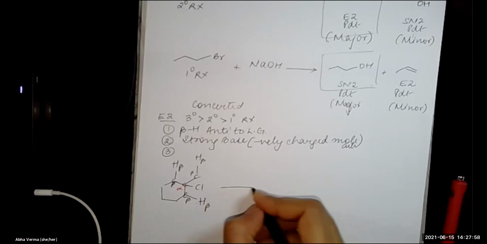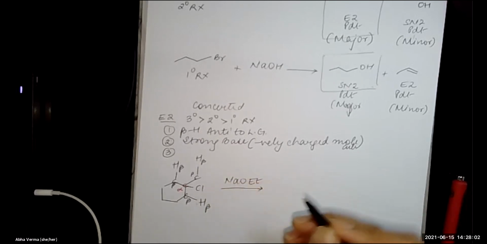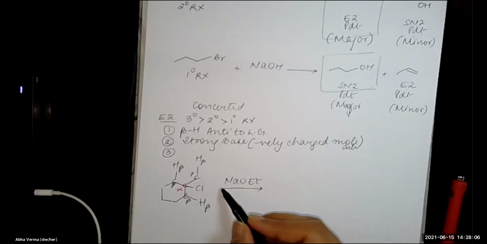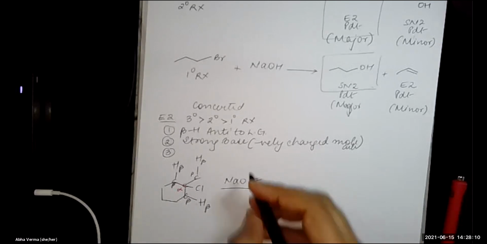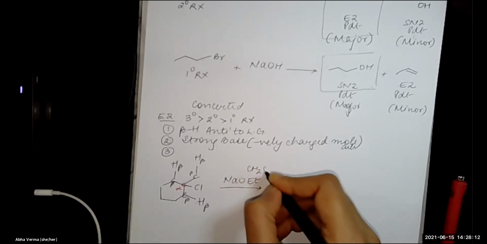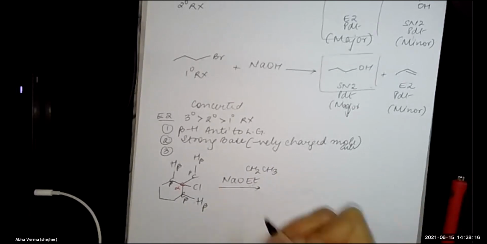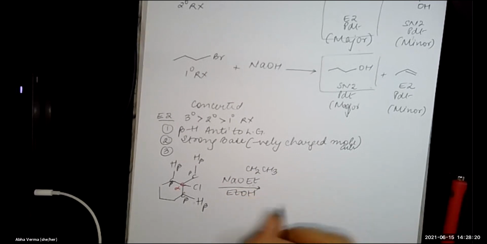And let's say I'm now going to use my strong base. One of the most common hints that all of you should get whenever you see sodium ethoxide, OEt. What is Et? CH2CH3. Whenever you see sodium ethoxide, you know you are going to see elimination. It's a strong base.